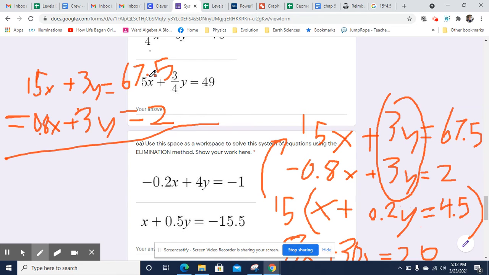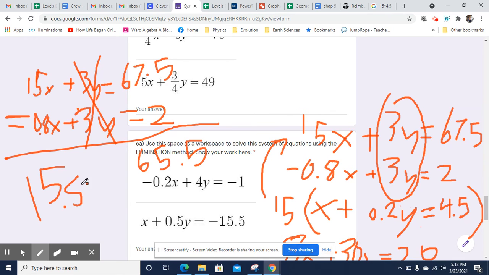So I'm going to subtract 67.5 minus 2 is going to be 65.5. The y's are going to go bye-bye, and I'll have 15 minus negative 0.8x, so that's going to be 15.8x. And now I've just got to divide both sides by 15.8.